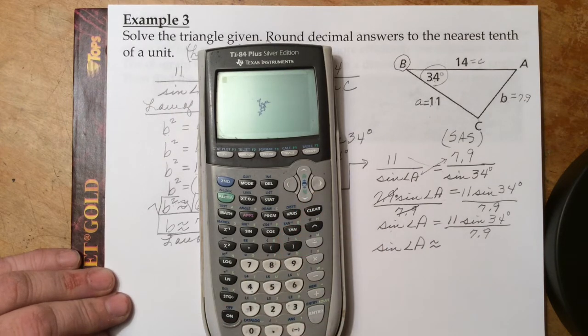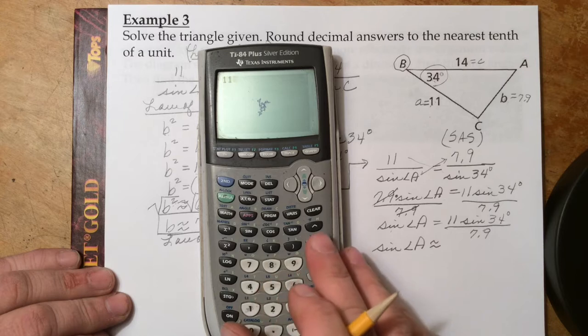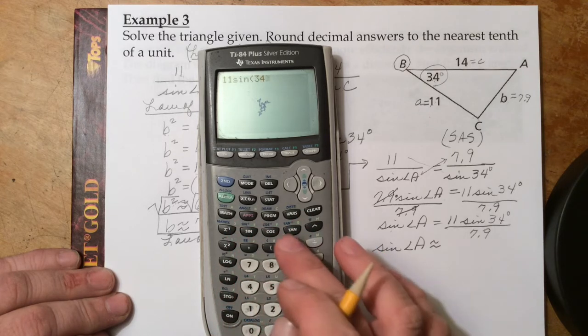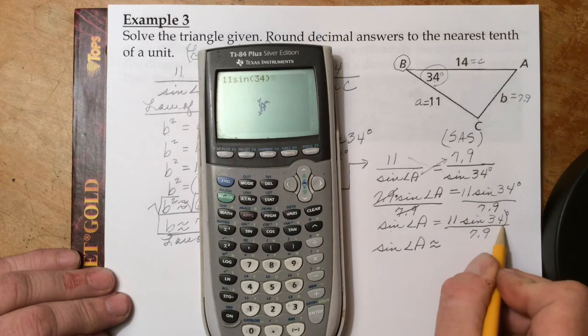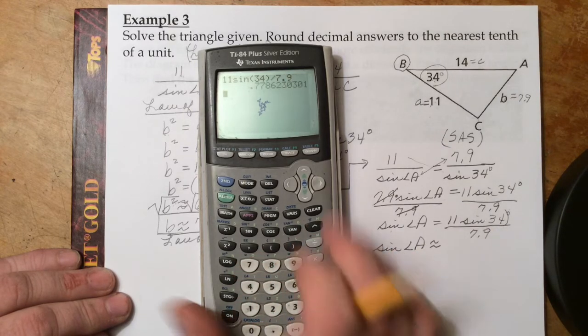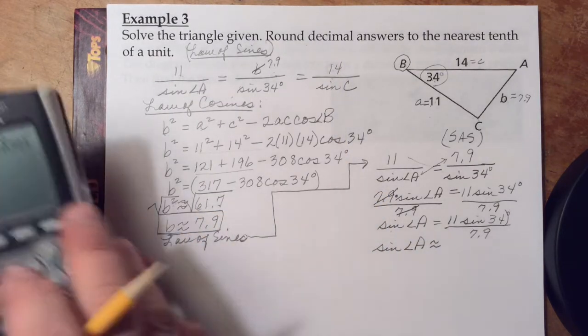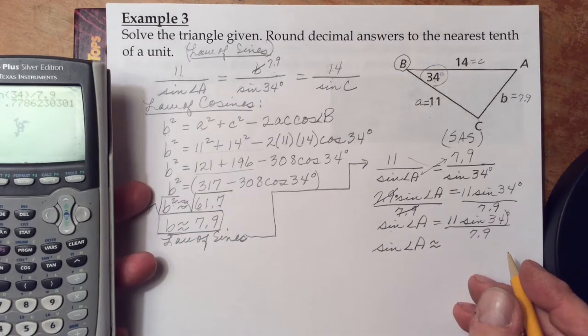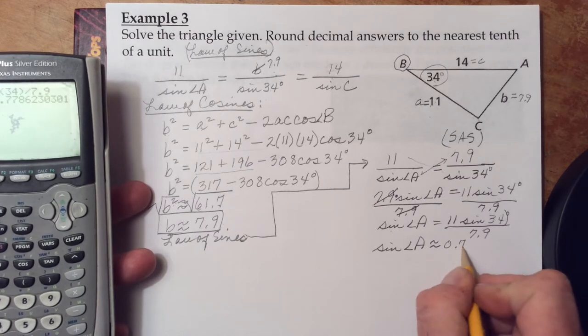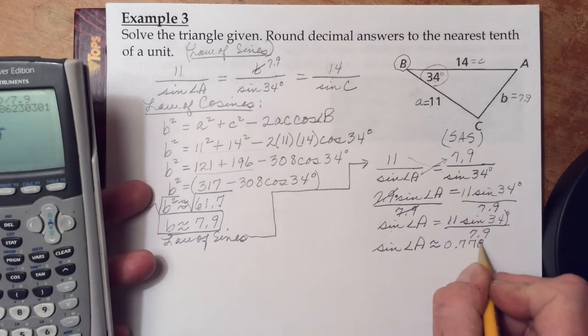Make sure you're in degree mode. We have 11 times the sine of 34, close parentheses, don't forget to do that, divided by 7.9. And we get, rounding to 4 decimal places, about 0.7786.